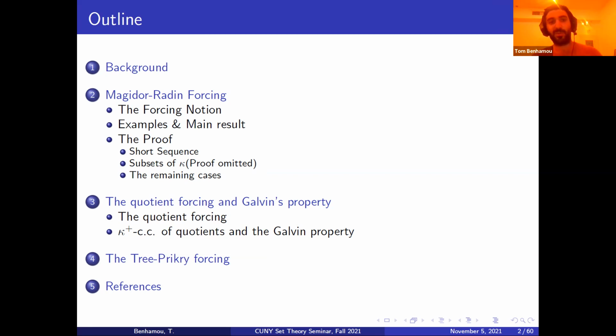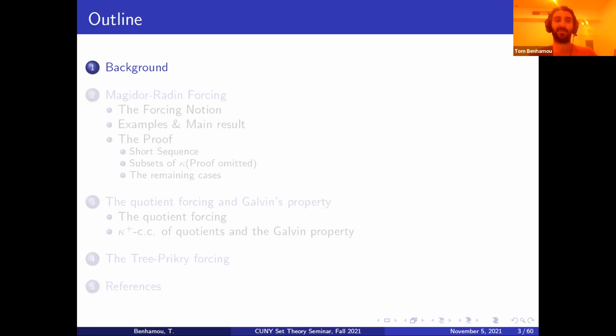So we'll probably end this talk somewhere in the middle of part two. This is our goal. Of course, if there are any questions, feel free to stop me at any time. I'll be delighted to answer any question.